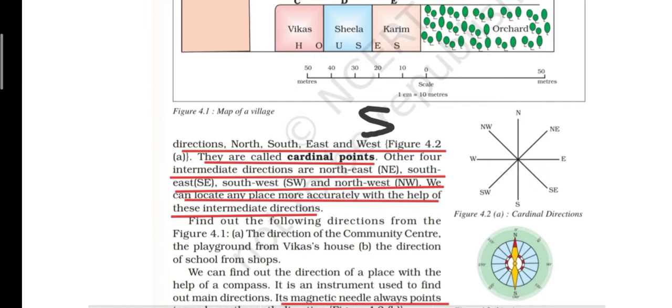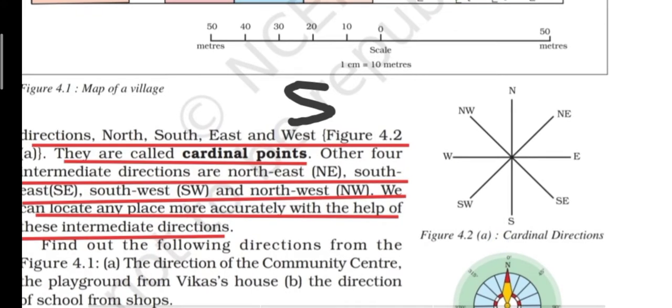So children, in between each cardinal direction, if you see in figure 4.2, you have one intermediate direction. Look here in figure 4.2. Between north and east, you have NE, which is northeast.